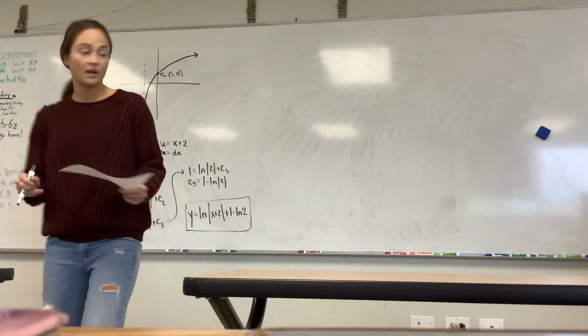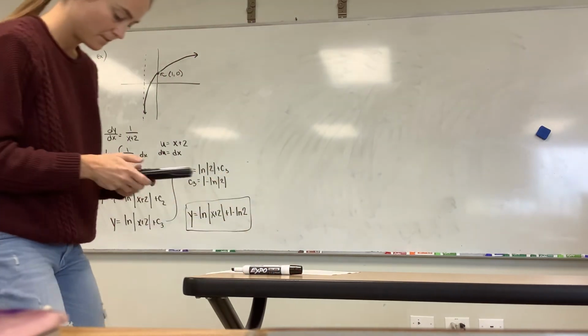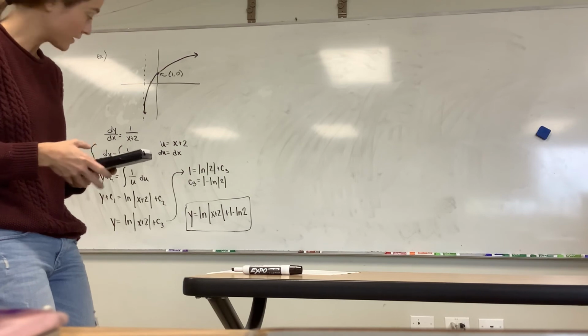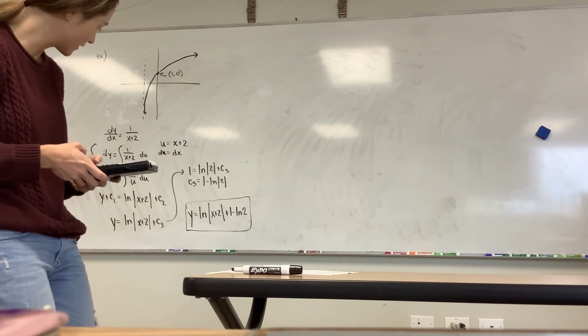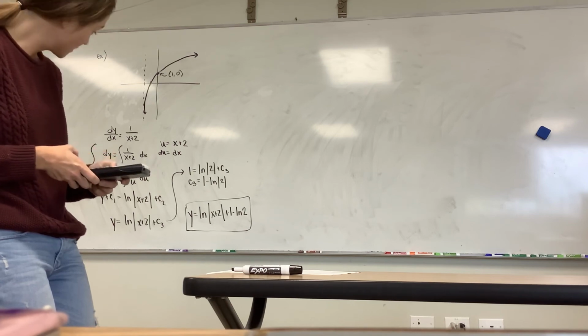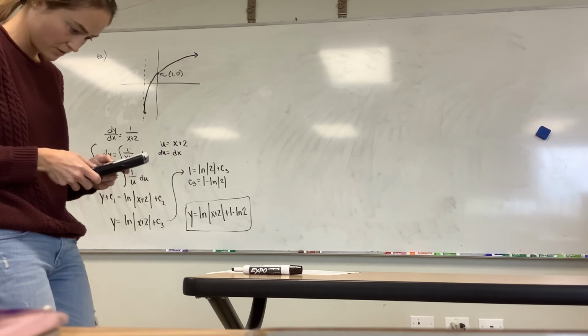Let's go ahead and double check that what we graphed on our slope field actually looks like that. So we're going to bust out your calculators again, go to y equals, and let's plug in our new function. Y equals the natural log of x plus 2, in parentheses, plus 1 minus natural log of 2.